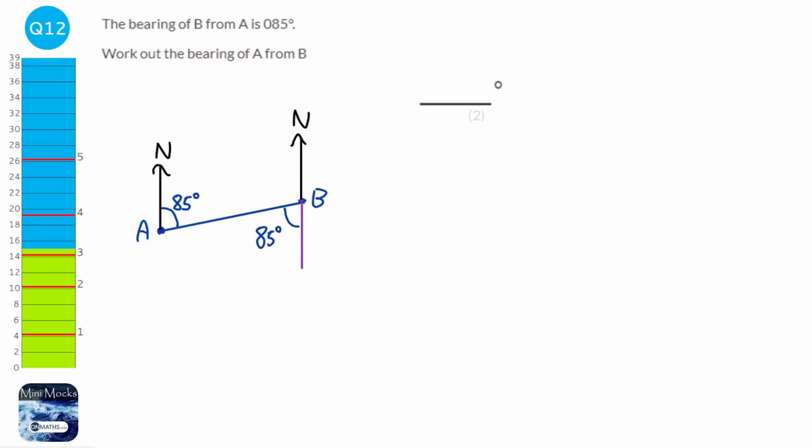Because of alternate angles. It's always best to write that down somewhere, so we can just put in brackets here alternate angles. And we know that this angle here is going to be 180 degrees, because it's a straight line.